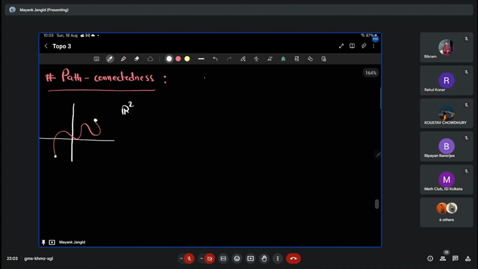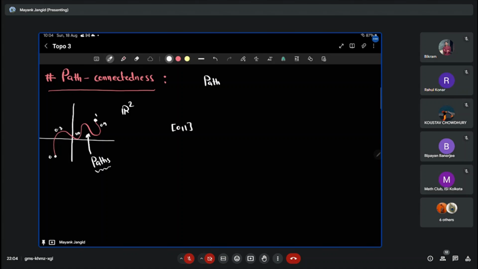We need to define the notion of paths first. These are in some sense one-dimensional objects, so I can number them from 0 to 1 continuously in some sense. Like 0, 0.3, 1/2 and 0.9. So this is a stretching of the 0-1 interval.